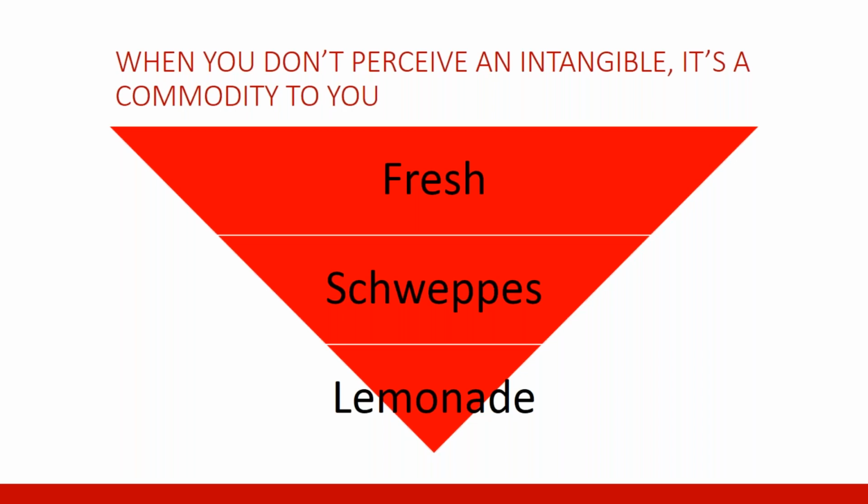I love the bubbles and the sweetness. It doesn't have a lot to do with the taste. It's got more to do with how it feels when I buy it, and I know when I go into the supermarket and I want a lemonade, I'm going to choose Schweppes because of how it makes me feel. Definitely not because of price, or generally not.